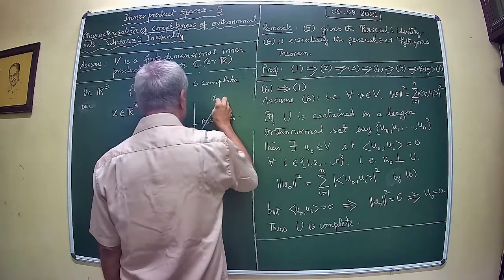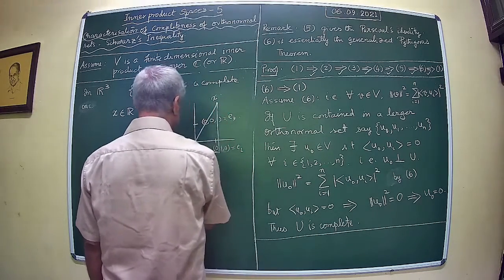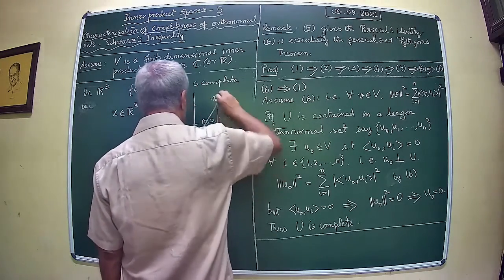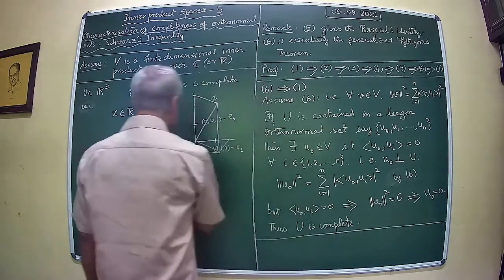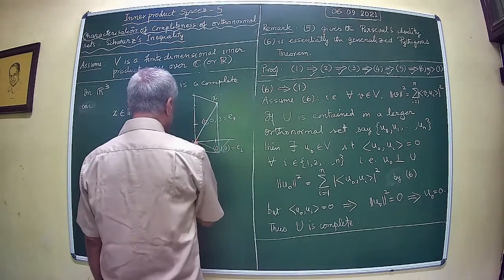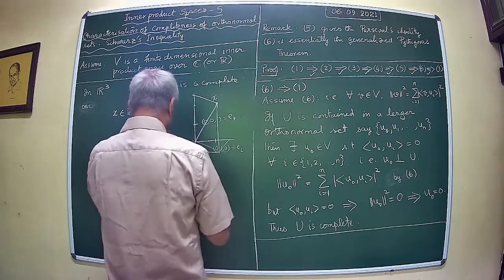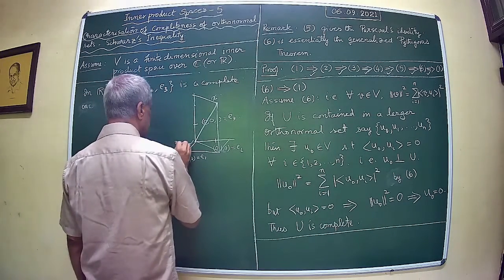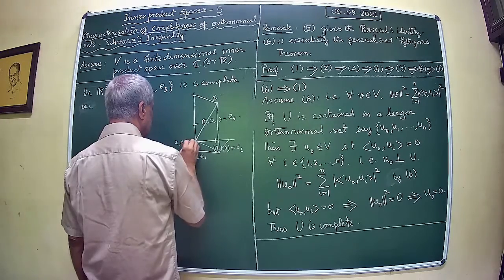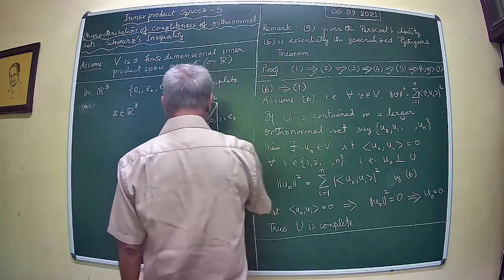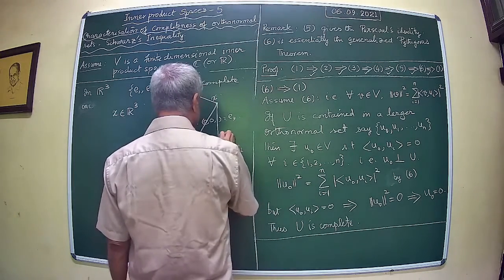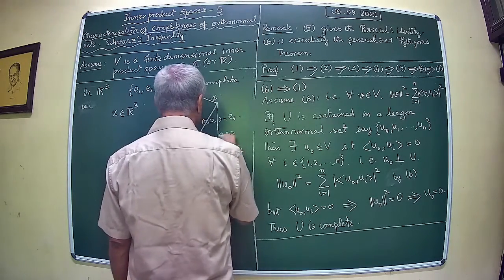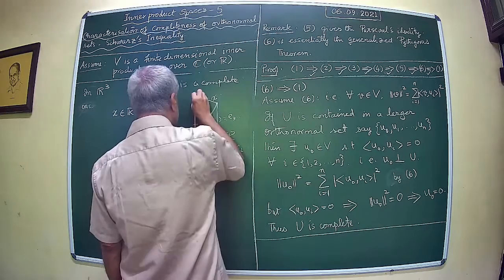Now you choose any vector. Then you see that this distance is x e1, and this distance is x e2, and this height is x e3.